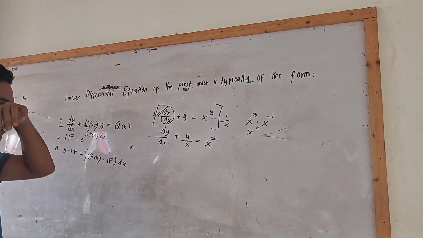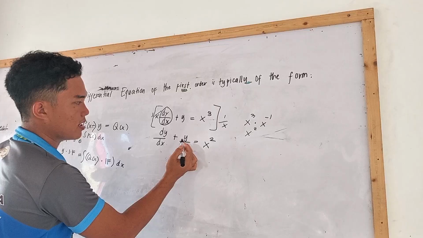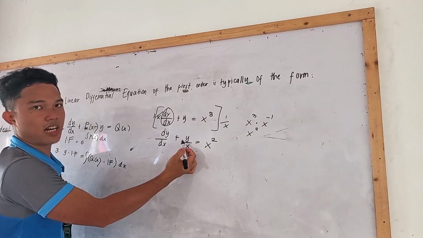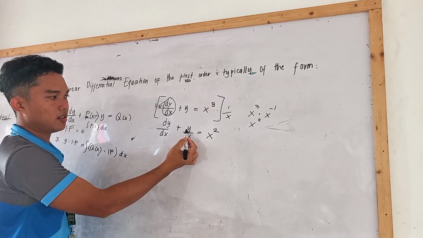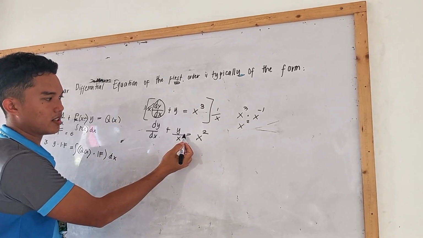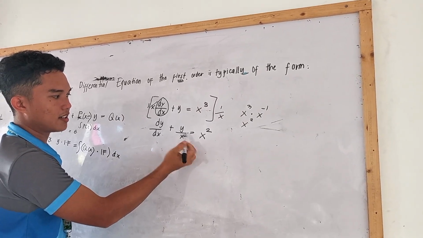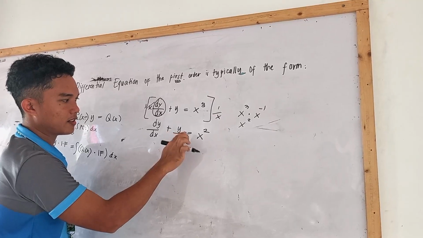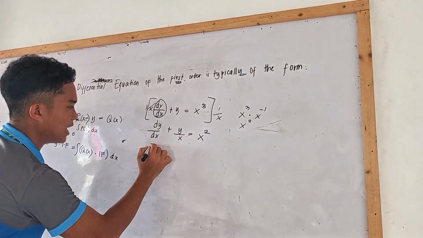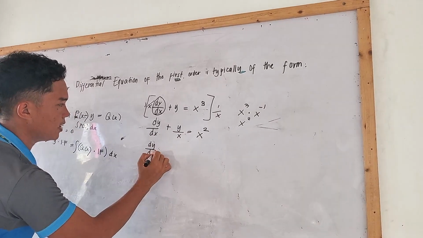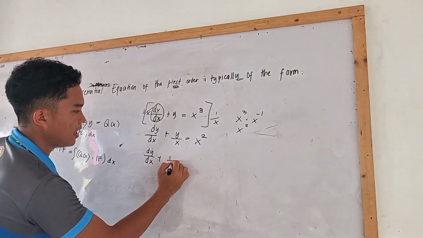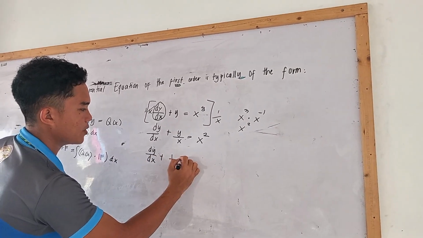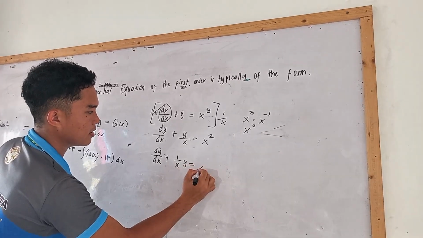So now, since this y has an implied coefficient of 1, we will write that as dy over dx plus 1 over x times y equals x squared.